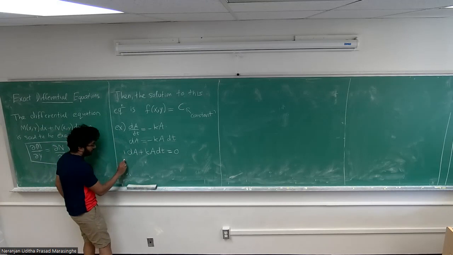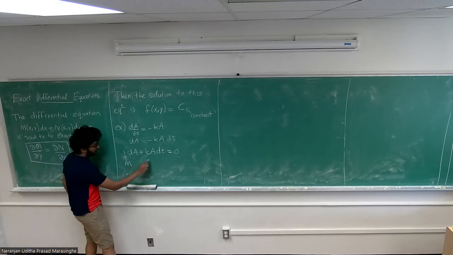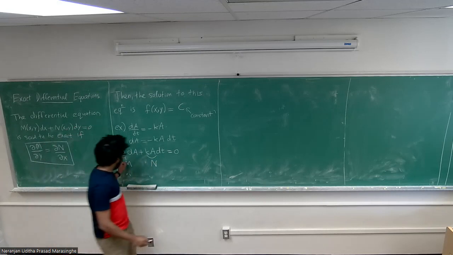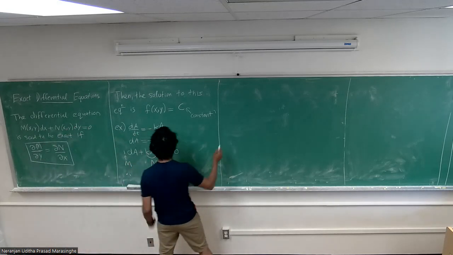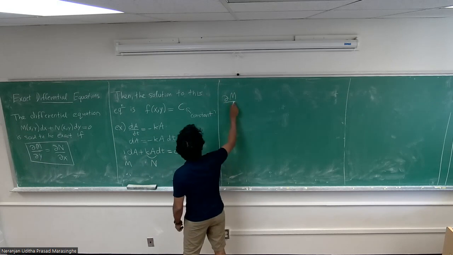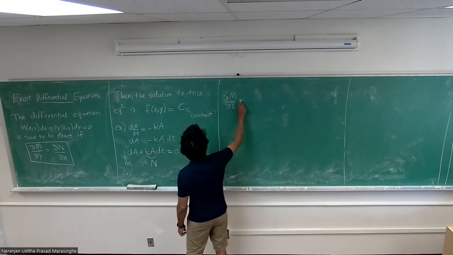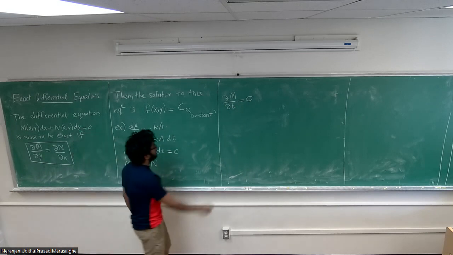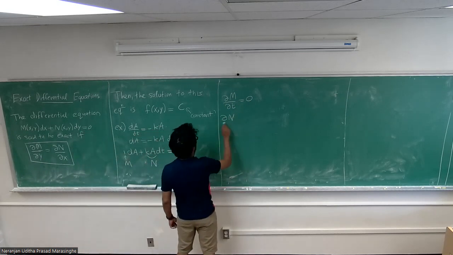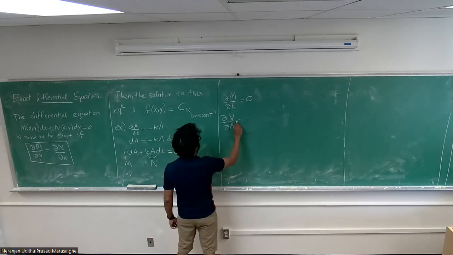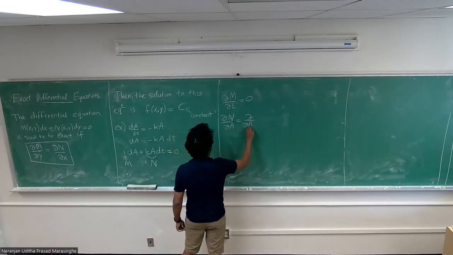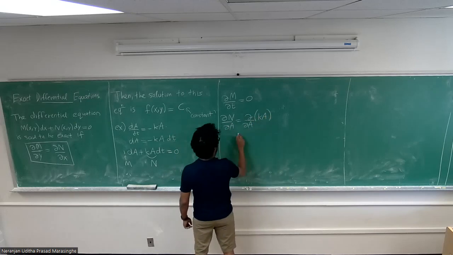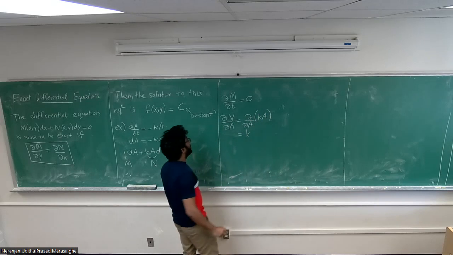Now this is my M and this is my N. One is appearing with dA, so I would take the derivative of M with respect to t, that is equal to 0. And then the partial derivative of N with respect to A is the partial derivative of kA with respect to A, which gives k.